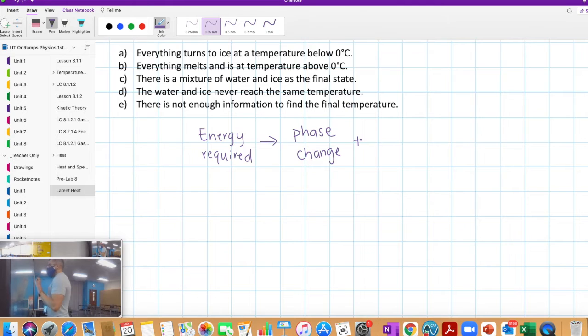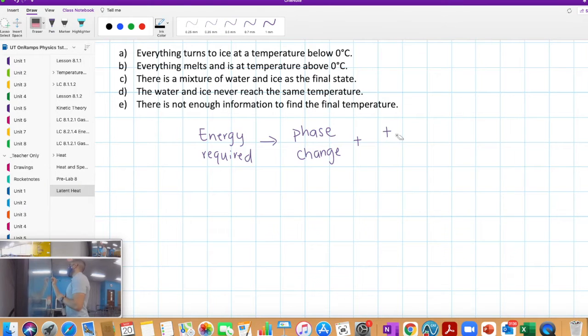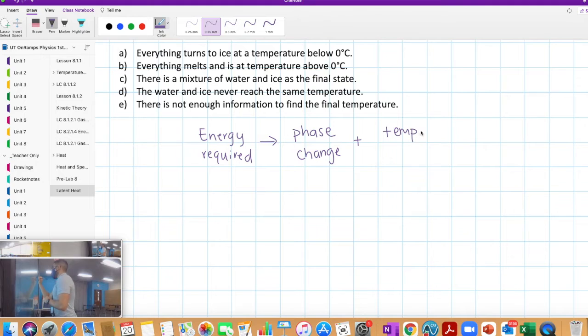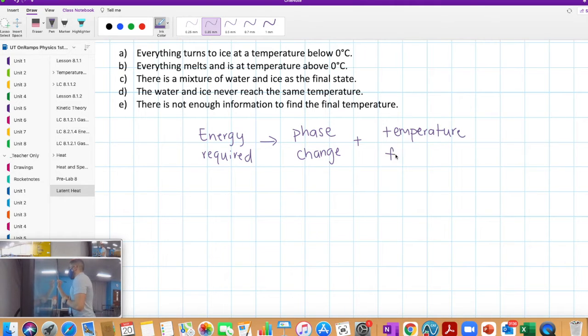So now we have to account for the energy required for the temperature changing, going from negative 20 degrees Celsius, let's try it again, to 0.